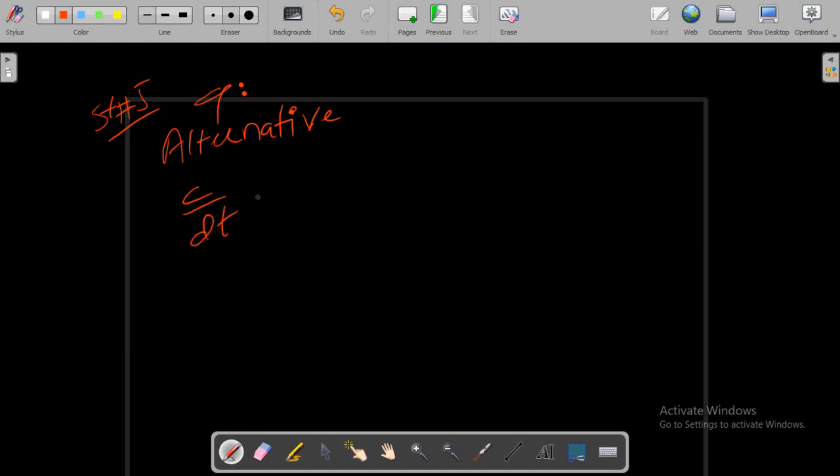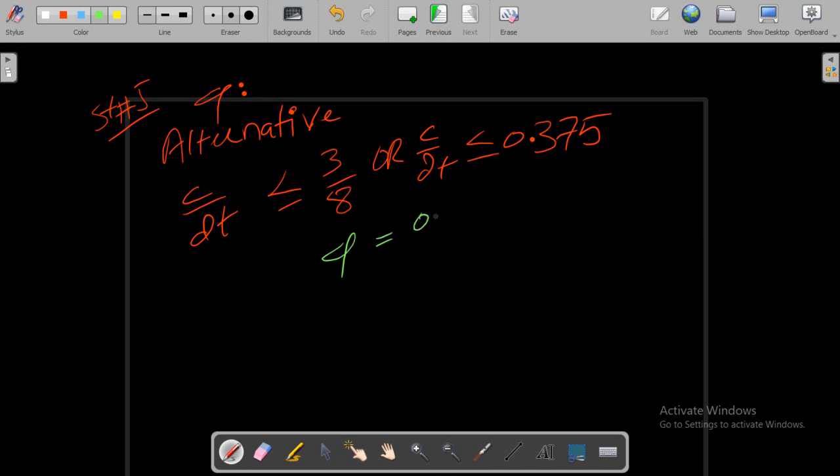If c by dt is less than or equal to 3 by 8, I have already discussed this in the previous part, that is c by dt less than or equal to 0.375, this means that phi is equal to 0.9. We can directly say that the phi value will be 0.9, and the section is a tension section.